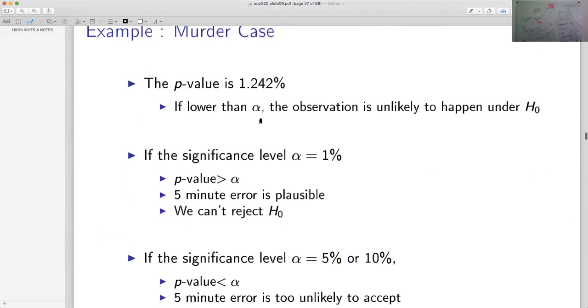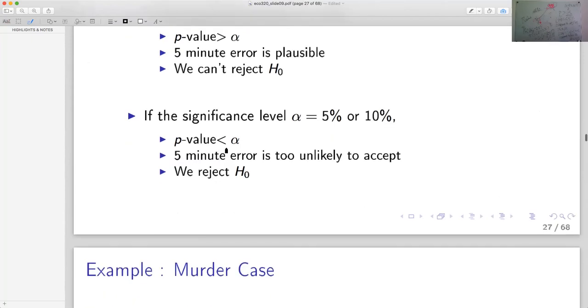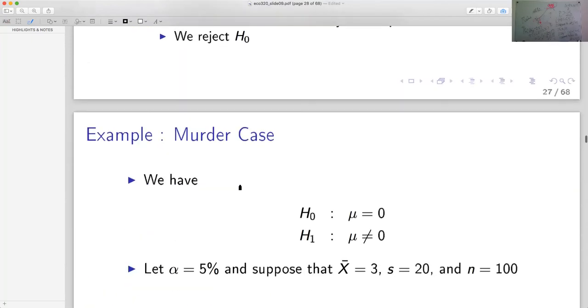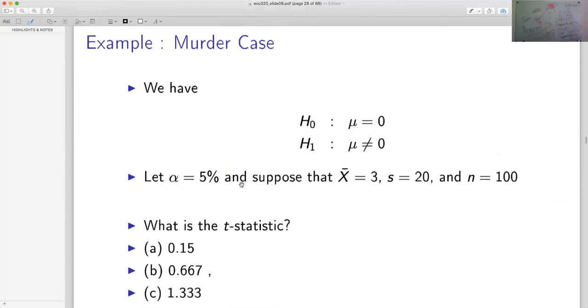Since 1.24 is higher than 1%, you cannot reject the null hypothesis at 1%, but you can reject the null hypothesis at the 5% or 10% level, right? So p-value less than alpha means you can reject. Depending on the selection of alpha, the outcome would be different.